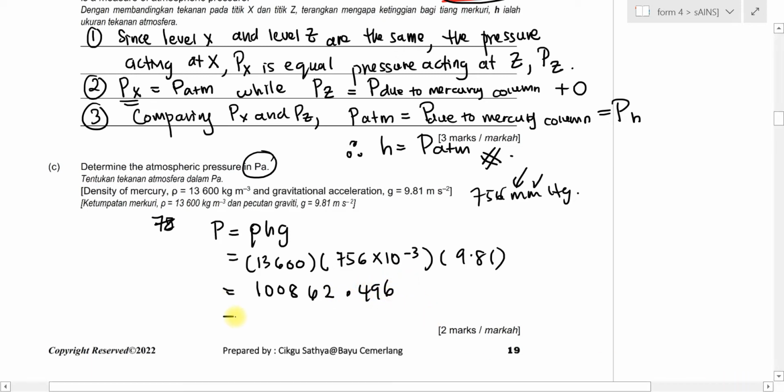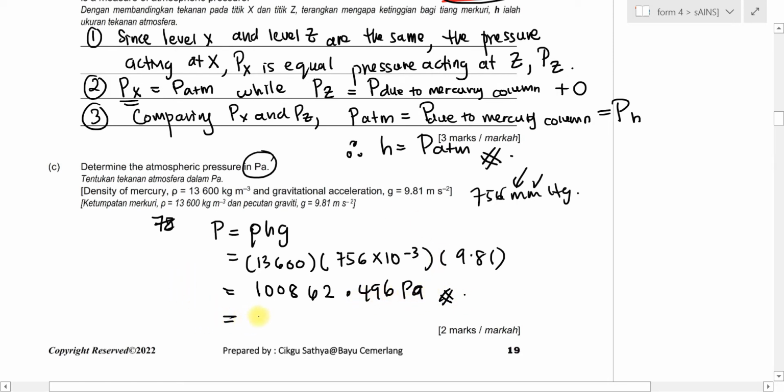So you can simplify this or not. Just express it in standard form. If you want to express it this way, Pascal, also can, but this one has too many decimal places.